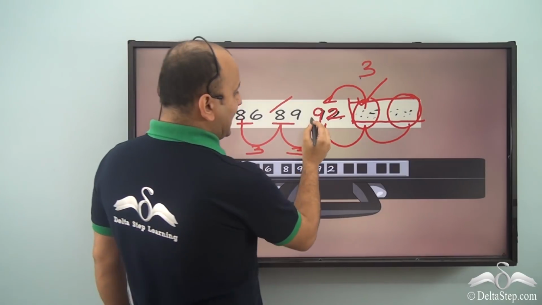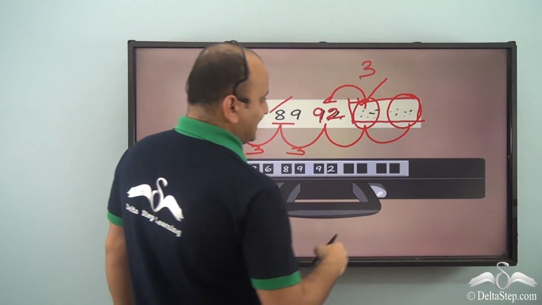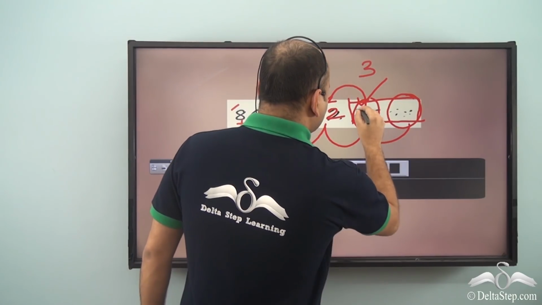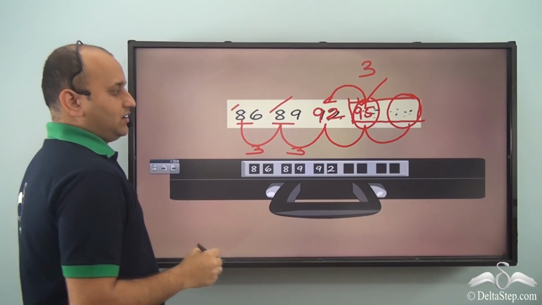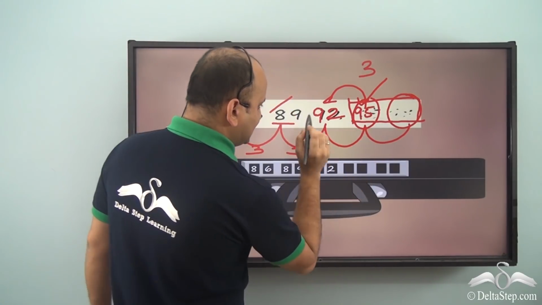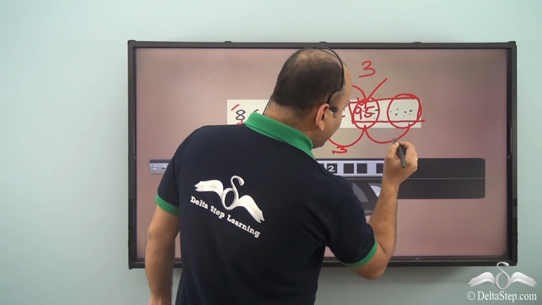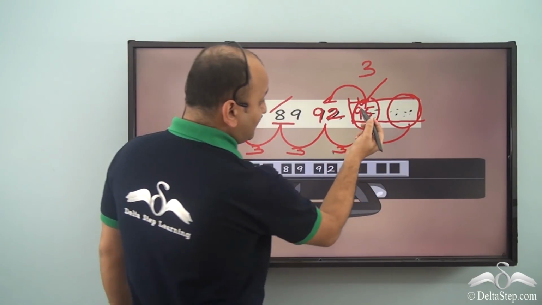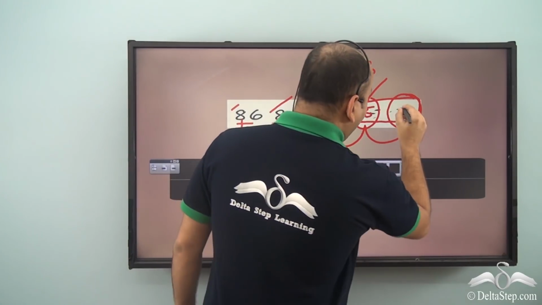So if you add 3 to 92, how much do you get? We get 95, isn't it? So this can be 95, and if this is 95 and this series is in AP, then for the next number we'll again add 3 to 95, so we'll get 98.